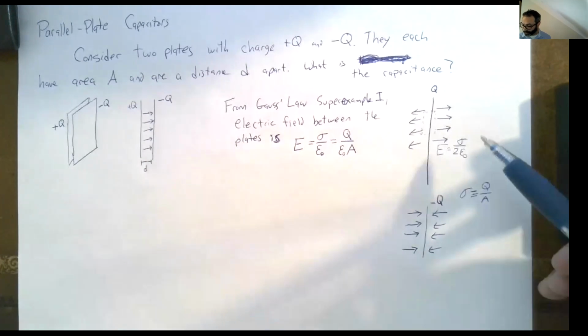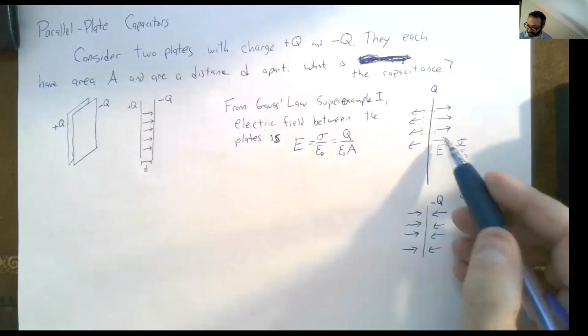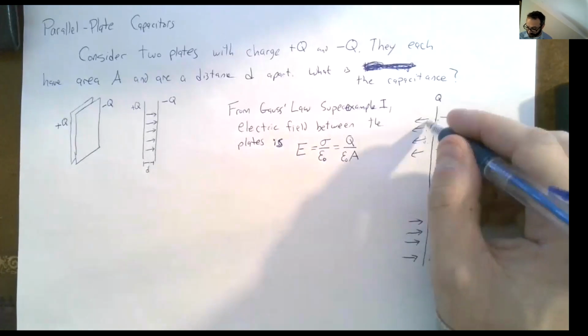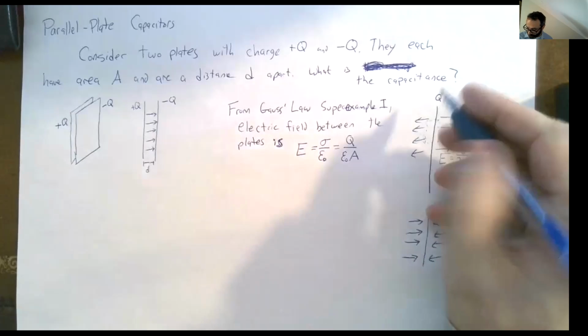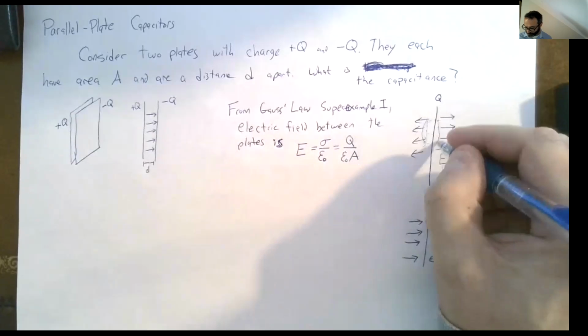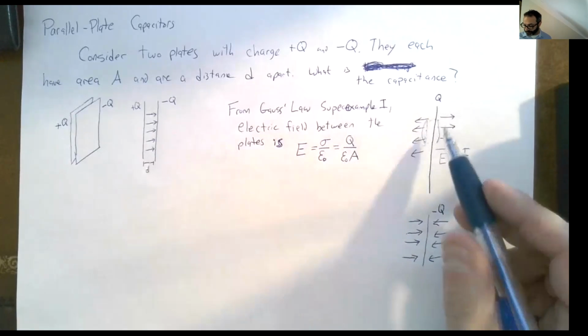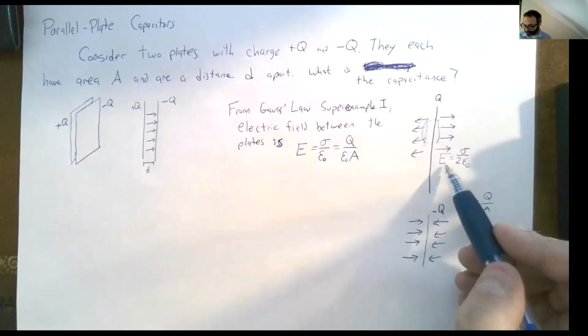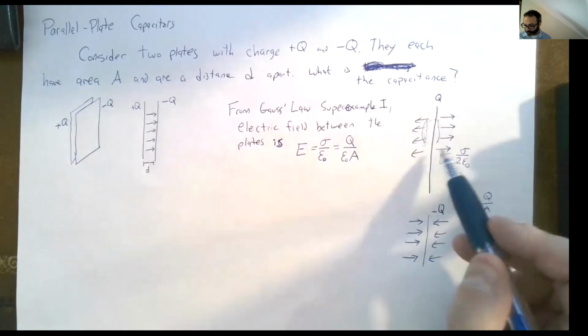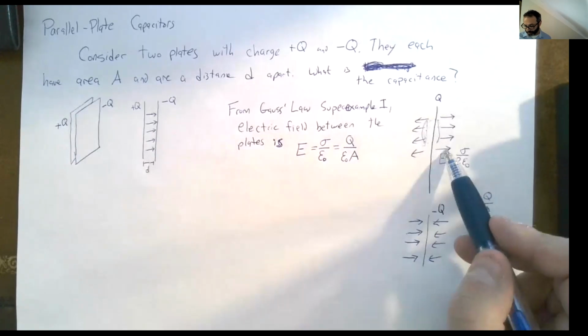Well, to get this, we did need to look at both sides of the cylinder, right? That's right. But this time we only have to look at one side of the cylinder. What we found is that the electric field is valid for both sides of the plate, right?